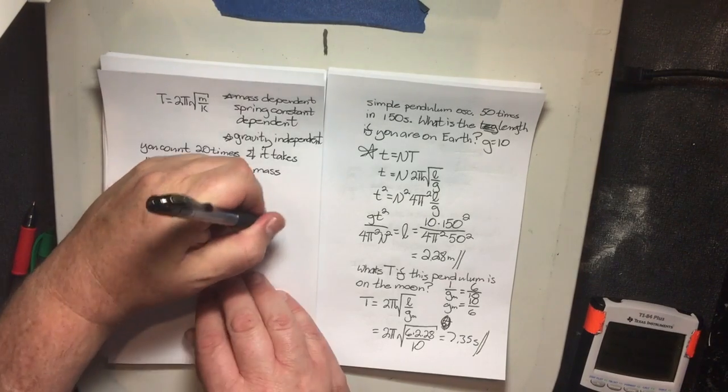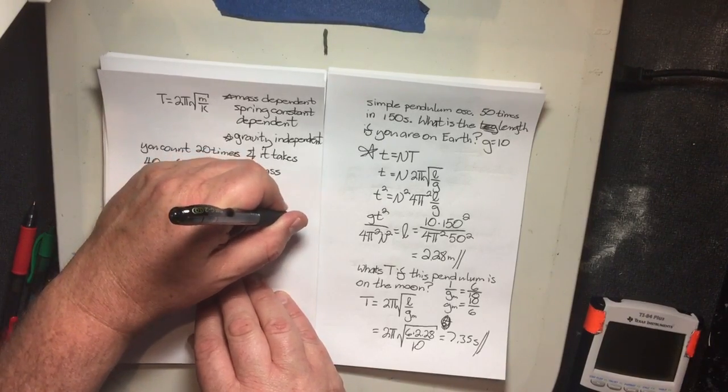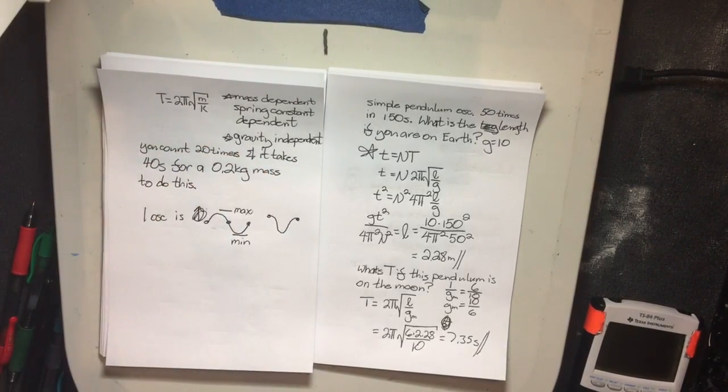Or you could start here at the top, go down, and then come back. But it's got to make a full trip. Max, middle, min, back up to max. It has to make one full circuit. Top to bottom is not one oscillation. Top to bottom is a half.